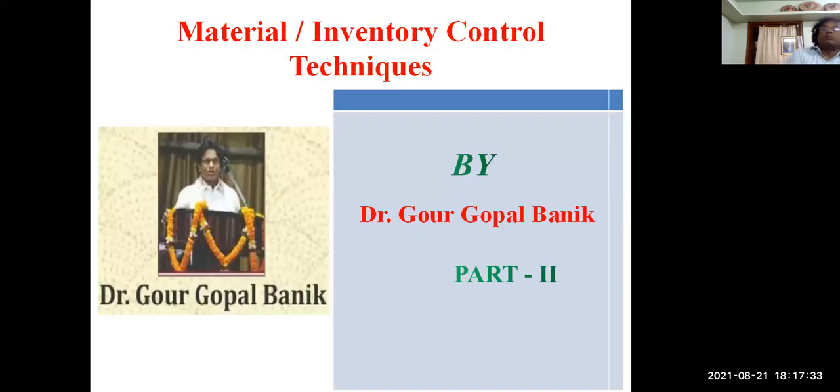And in this chapter, we shall study only the material portion, how we are to control the materials. At the same time, I told you about inventory. What is inventory? I told you about inventory and material, and the controlling techniques are same in both.